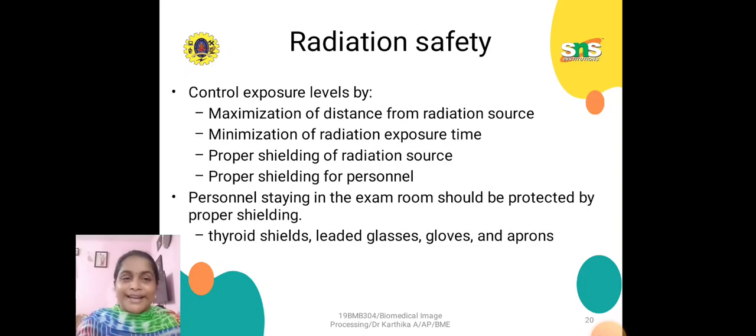That is the main thing, and we have to maintain radiation safety, control exposure levels by maximizing the distance from the radiation source and minimizing the radiation exposure time, with proper shielding for the radiation source and for personnel. Personnel staying in the exam room should be protected by proper shielding.